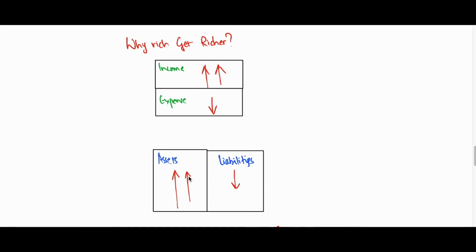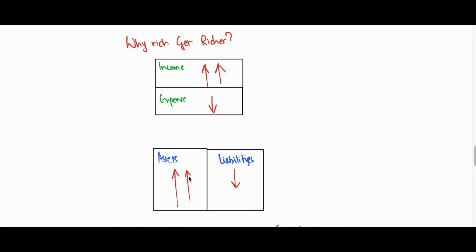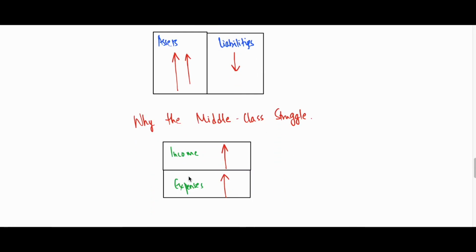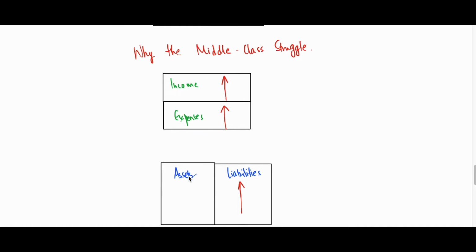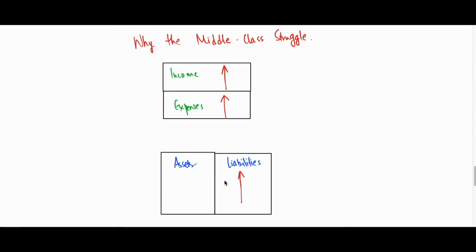Now we'll discuss why the middle class are struggling. The middle class are struggling because they have lots of liabilities to be paid. The more the liabilities, like house loans, car loans, the more these forms of liabilities increase the amount of expenses. He's not focusing on income from the assets.